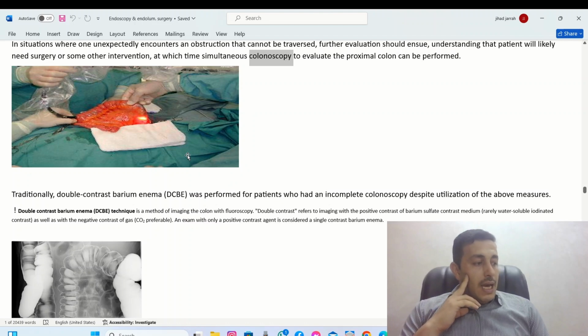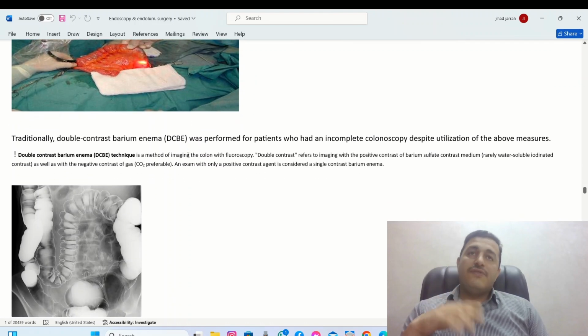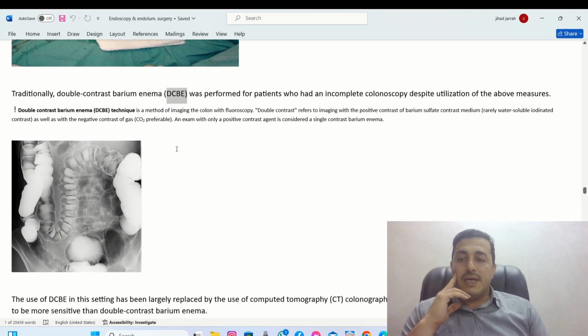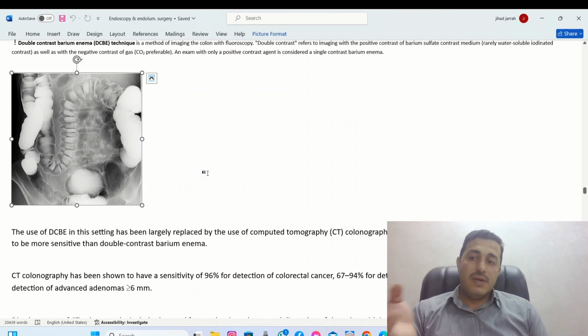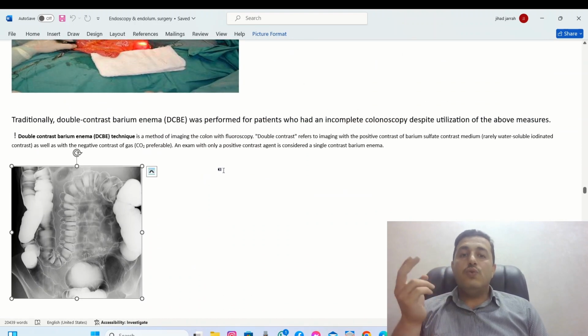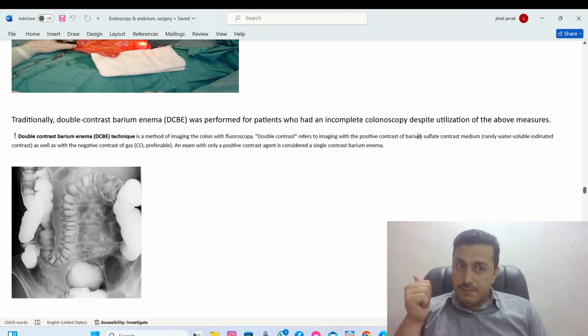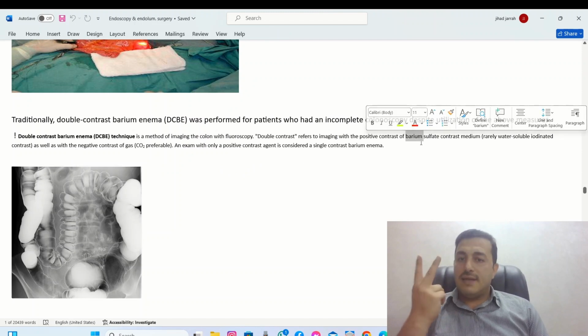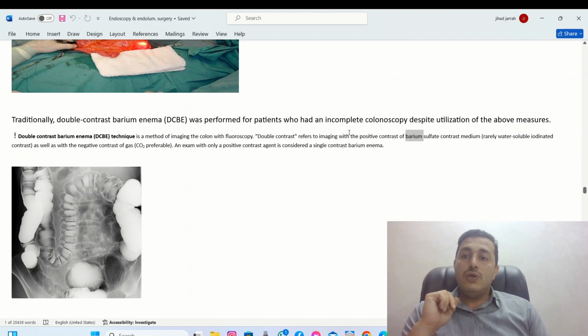Okay. If the previously mentioned modalities fail, we can use the double contrast barium enema. This is the double contrast barium enema. Nice modality. The double contrast means that we use positive contrast, which means barium, and it's two imaging, and after evacuation of the bowel, we use a negative contrast.